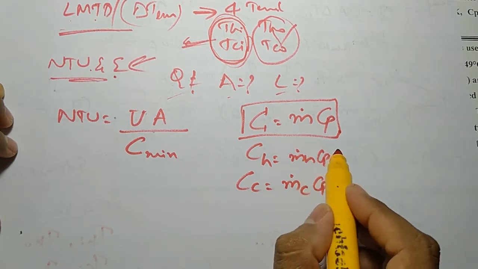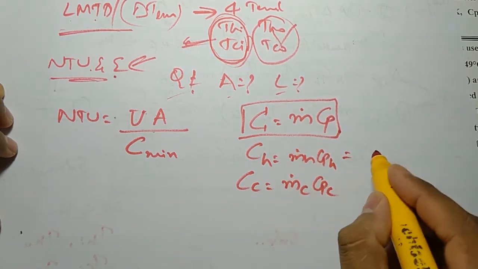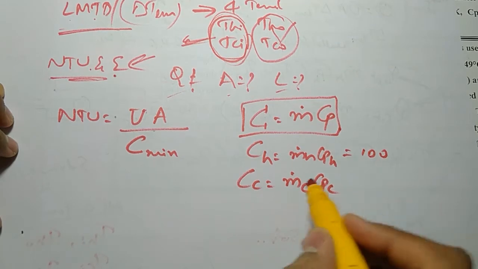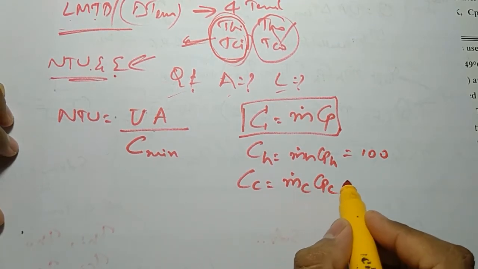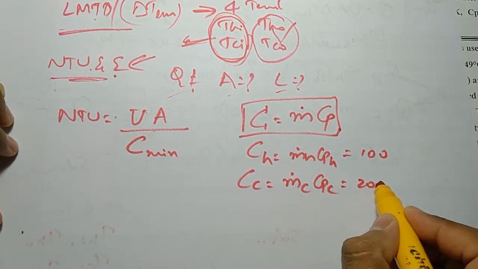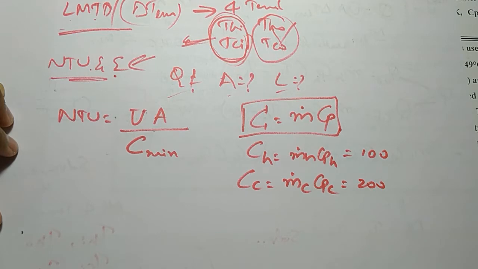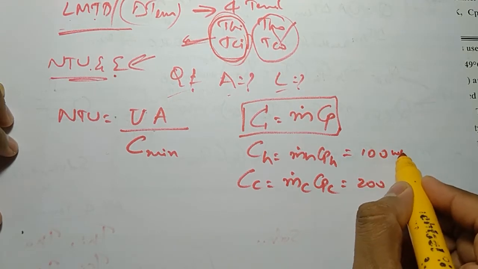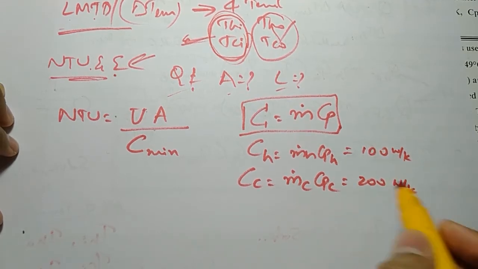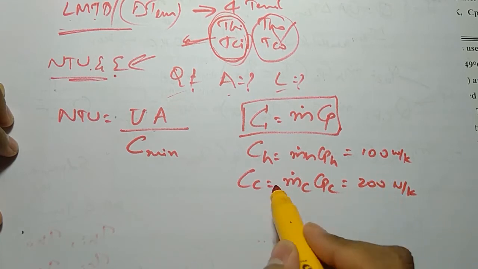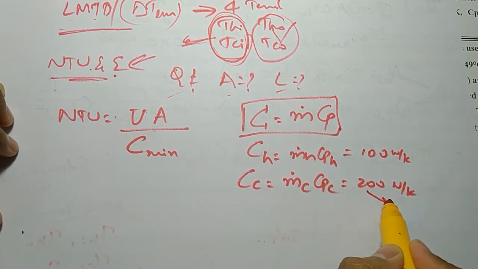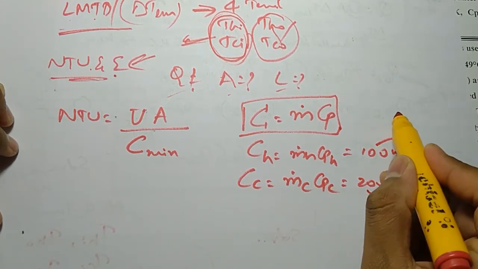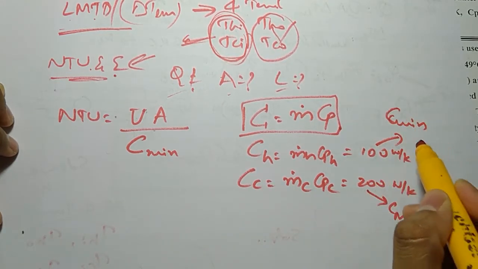Now the product of these, you will get, say, 100 for one and 200 for the other, and the unit is watt per Kelvin. Which one is the maximum? This is the maximum, so you call it C max. This one you call C minimum, the minimum heat capacity rate.